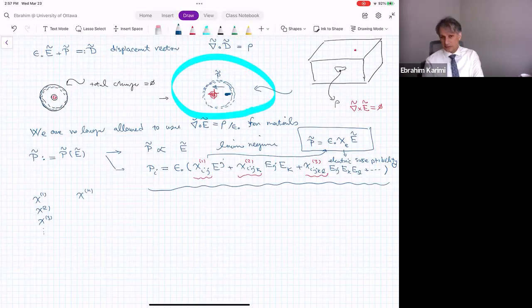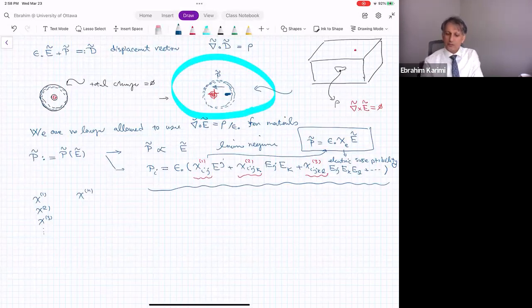They may exist for specific materials. For example, depending on the symmetry, you may have specific chi's and not the others. For example, for atoms, you may have a specific property, and due to the symmetry, some of those chi's disappear. All right. Only the odd terms will remain. The even terms do not exist.